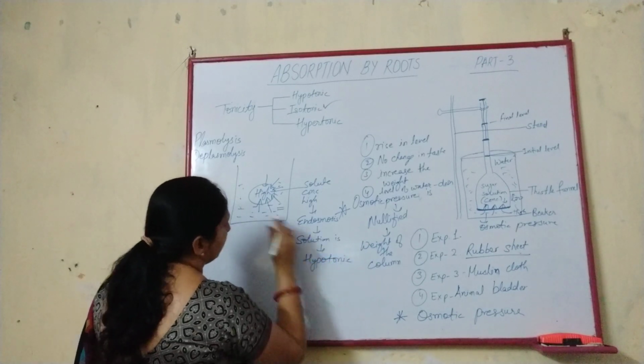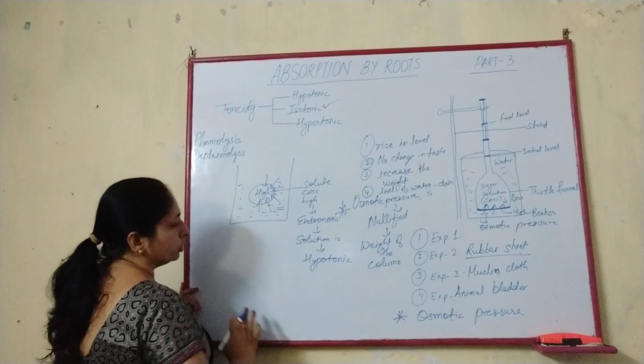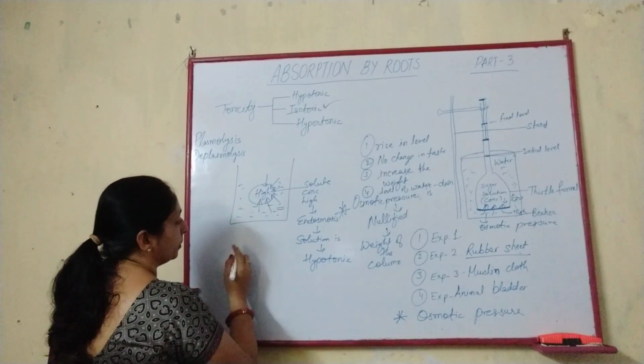A hypotonic solution is less concentrated than the solution in the cell sap.